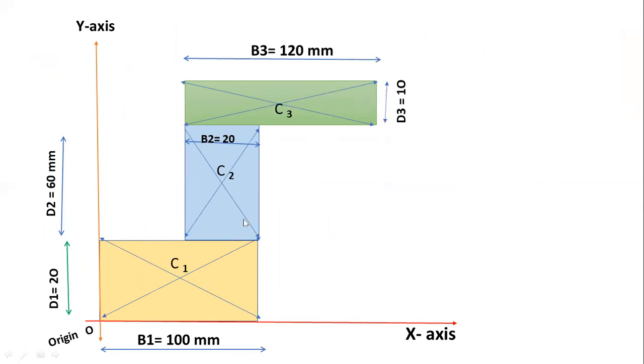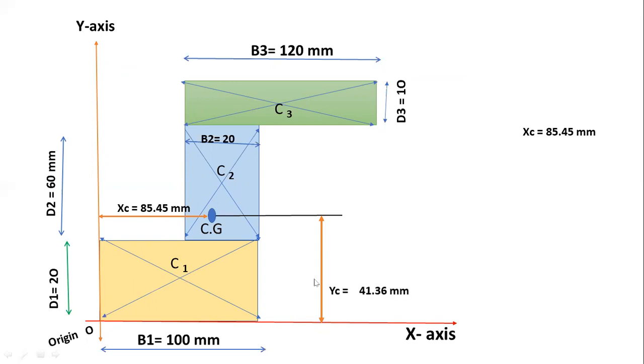Here C1, C2, C3 are the individual centroids, whereas CG is the centroid of the entire Z section. XC is the distance of centroid CG from the y-axis. YC is the distance of centroid CG from the x-axis. So CG is the position of the centroid of this given Z section. Now this is the complete answer for this Z section.